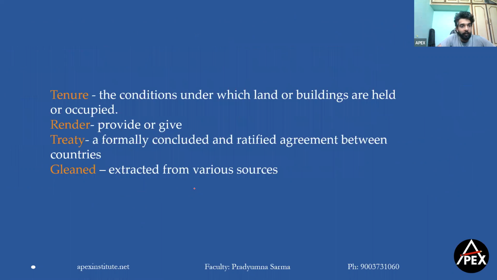Okay, before we go forward, as I told you, we've identified a few words that we might not have known before this. So let's look at these words. First one is tenure. Tenure is the conditions under which something is held or occupied. Okay. In other contexts, if we are talking about jobs, then tenure means time for which you can hold the job.